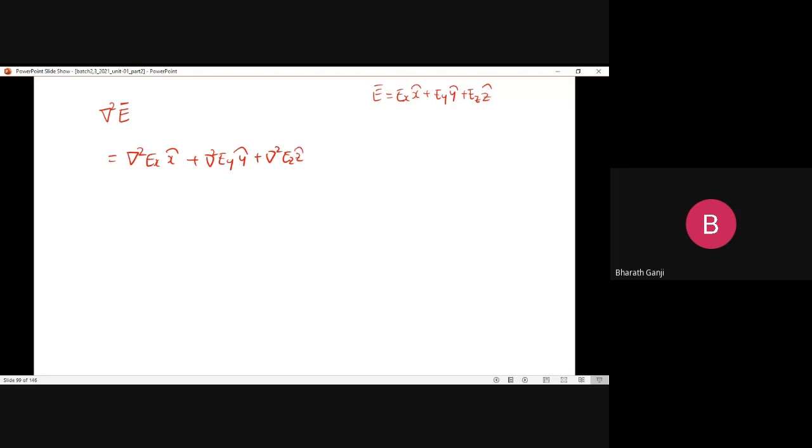Let me expand what I mean. This is dou square Ex by dou x square plus dou square Ex by dou y square plus dou square Ex by dou z square, times x cap, plus dou square Ey by dou x square plus dou square Ey by dou y square.